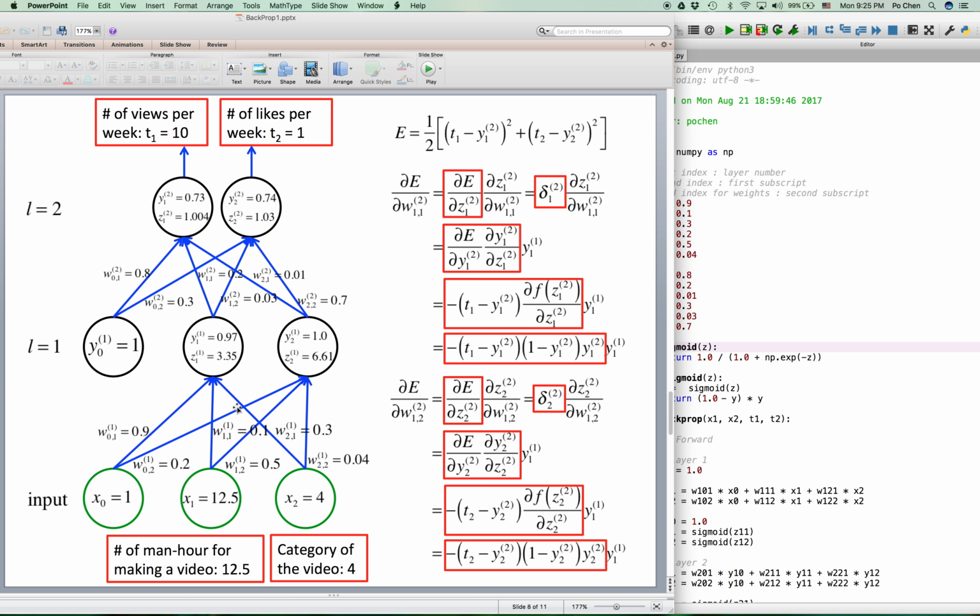The error is a function of the 12 weights. So the derivatives of the error with respect to the weights are still functions of the 12 weights, and those derivative functions are then evaluated at the values of the weights given on this particular figure.